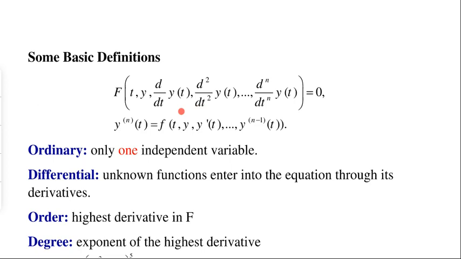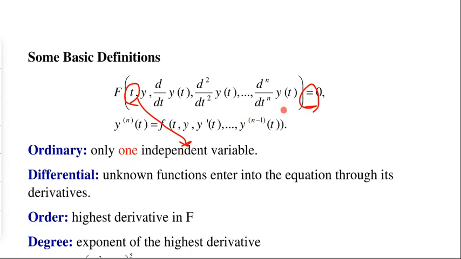Here we have just one independent variable called t. So here t is our independent variable. So here we have an equation because two algebraic expressions are equal to each other, and we have just one independent variable.